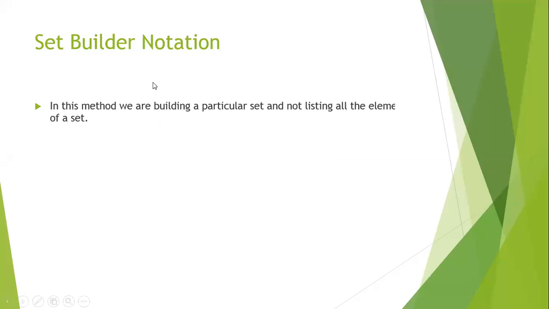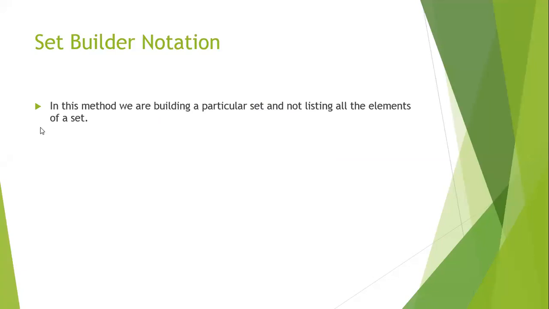Now the next is the set builder notation. In this method, we are building a particular set and not listing all the elements of the set. Suppose I ask you to write down the whole numbers between 0 and 10,000.